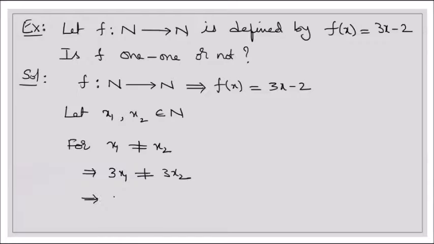This again implies 3x1 minus 2 is also not equal to 3x2 minus 2. Now 3x1 minus 2 is nothing but f of x1, not equal to f of x2. So the necessary condition is proved.